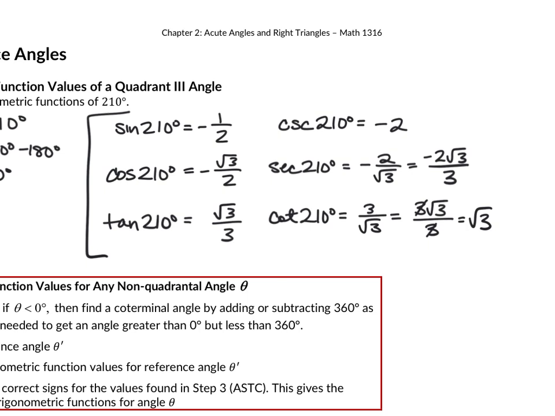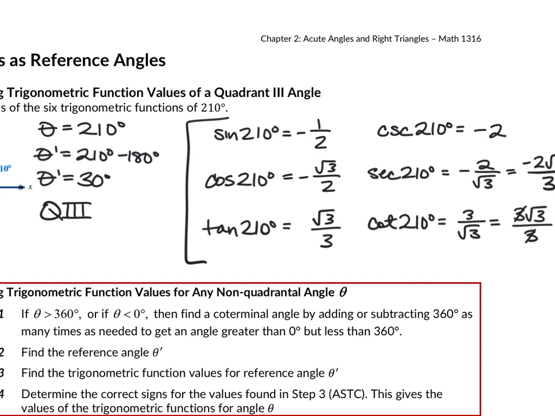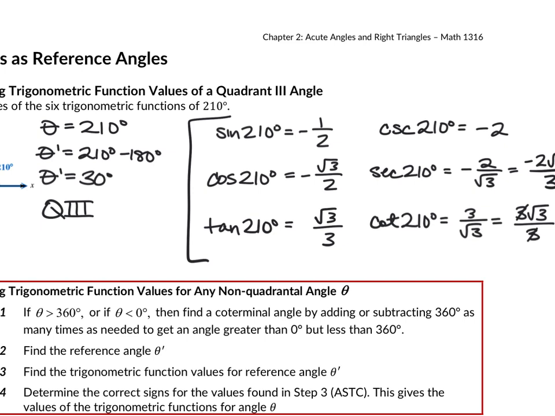Did we make sure that only tangent and its reciprocal are positive? Are the rest of them negative? Yes, so we're good. Negative, negative, positive, negative, negative, positive. So you think in terms of the right acute angle of 30, but you're actually able to do a value outside of quadrant 1.